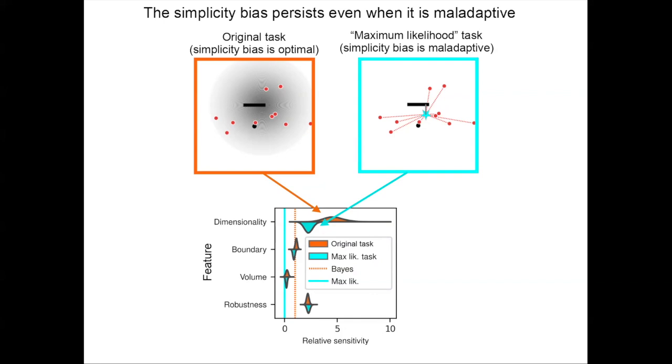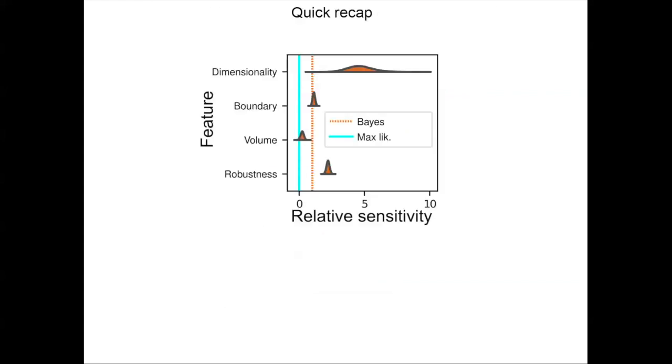And in terms of their behavior, they essentially do the same thing as the other group of people, where I posed the question in a generative way: which of the models do you think is most likely to have given rise to the observed data? So this bias persists even when it is maladaptive. This probably hints to the fact that it is very deeply ingrained in what they're doing.